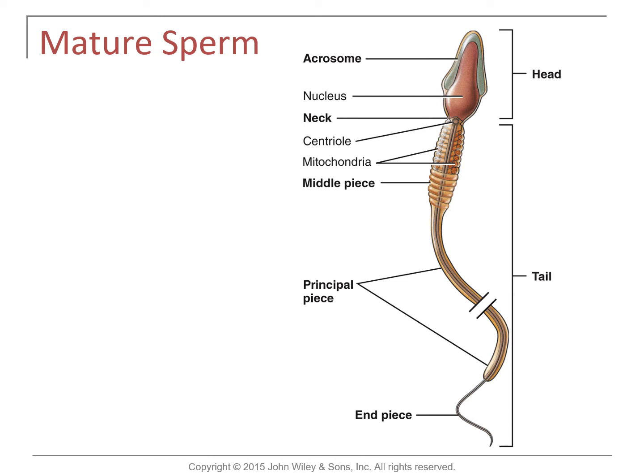We also have the region that contains the nucleus and the 23 chromosomes. It is attached to the tail by a neck region. The tail has the middle piece that contains several mitochondria and other structures that power the flagellum, which is the tail whipping part that moves the sperm through the female reproductive tract.